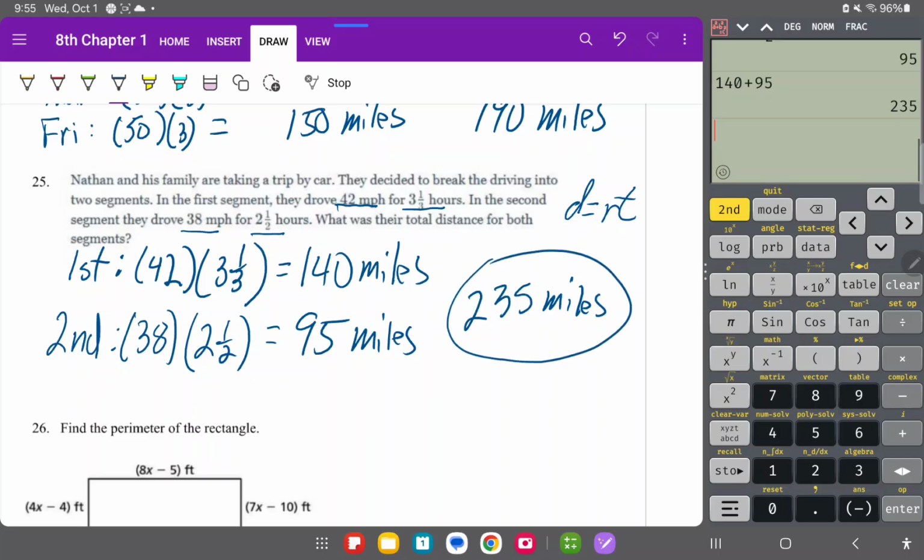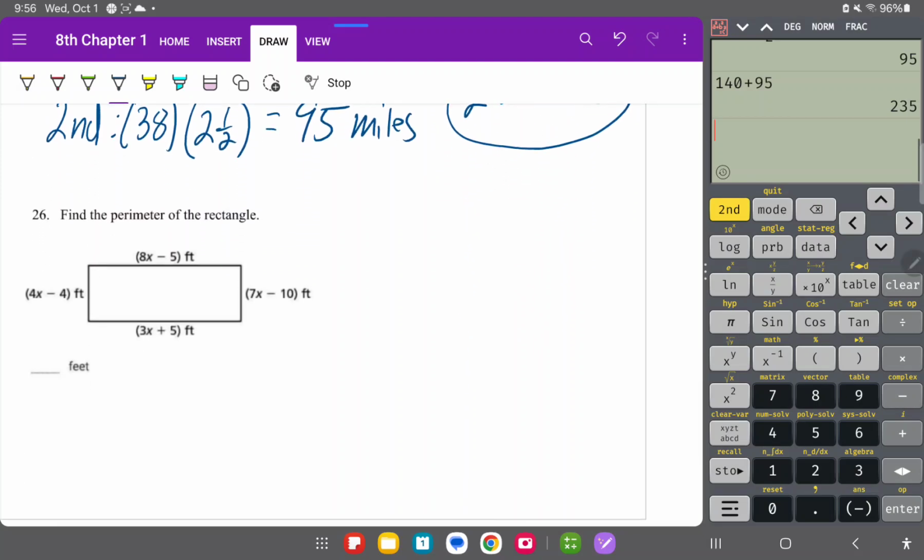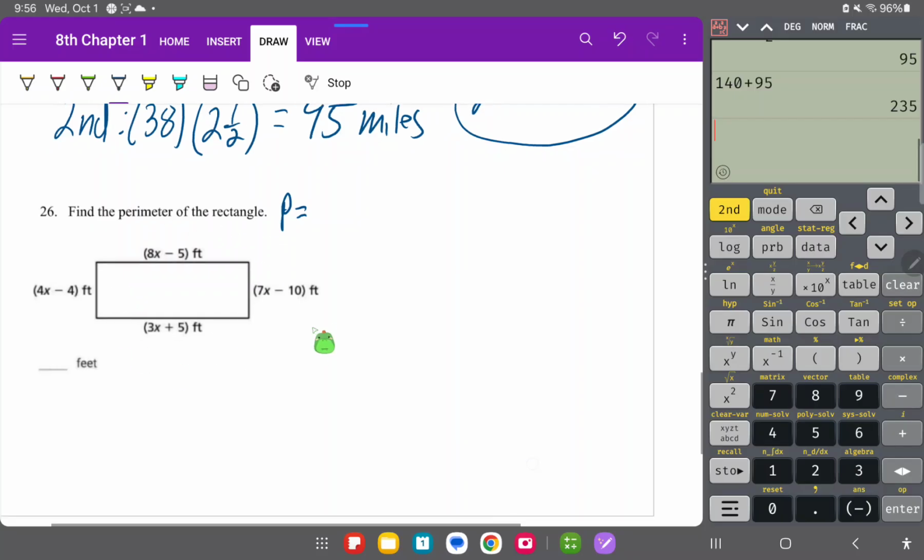Okay. All right, the last type that we're going to see here is find the perimeter of the rectangle. So remember, perimeter is if I add them all up. It's the distance all around.